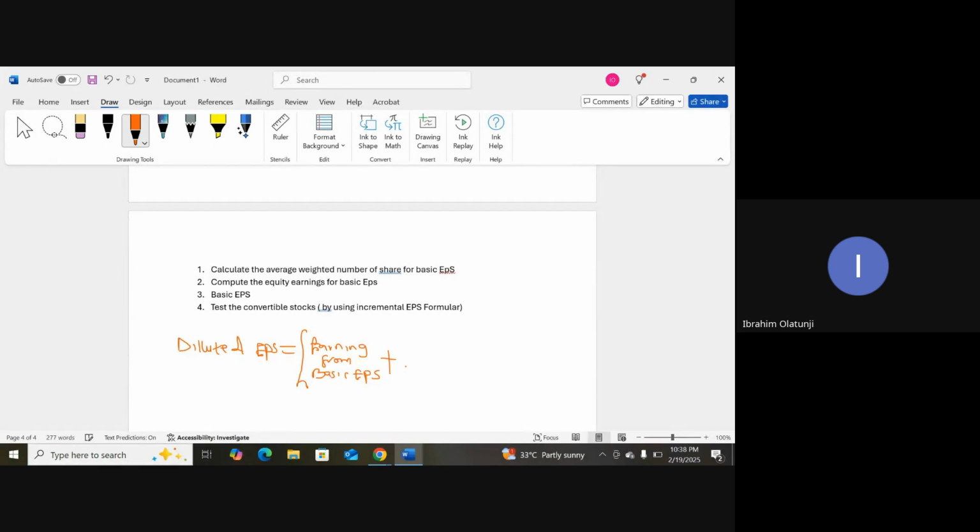plus interest savings, net of tax, on the convertible loan. I will show you everything.